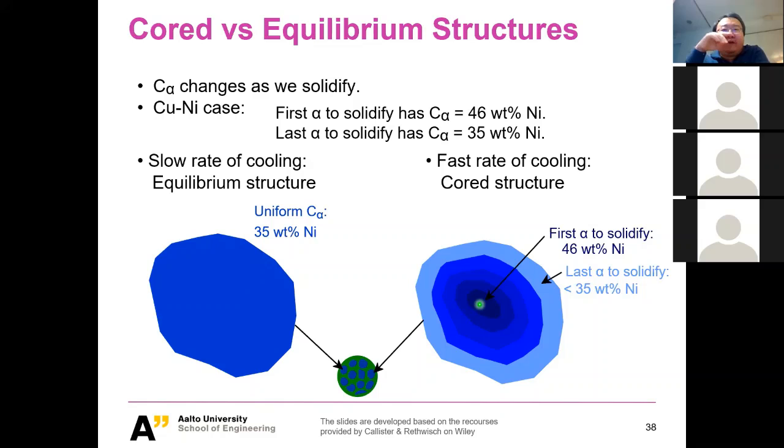To remain in mass balance, you will have less at the outer layer. Good, I hope that is clear. This is the reality when you have your solidification process.